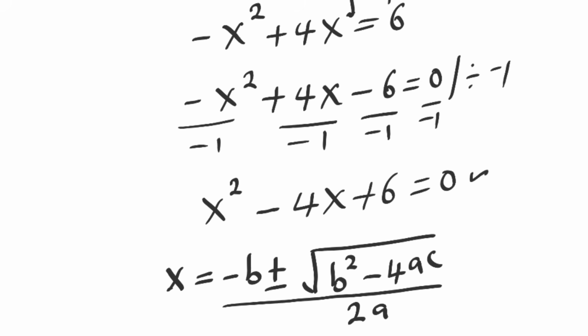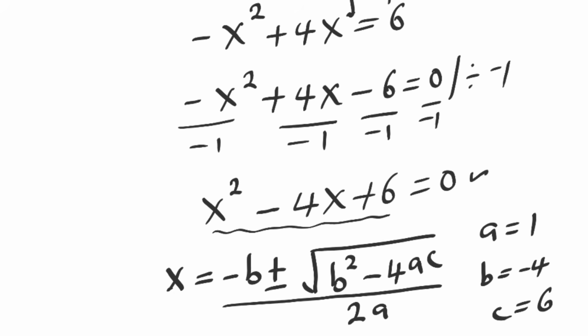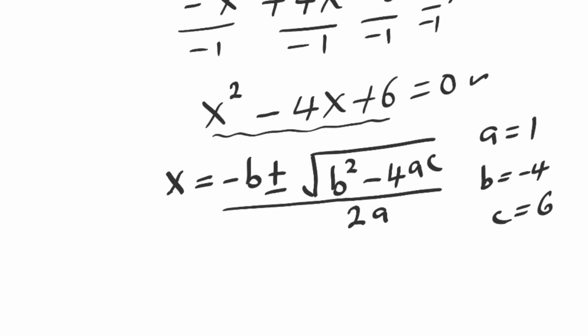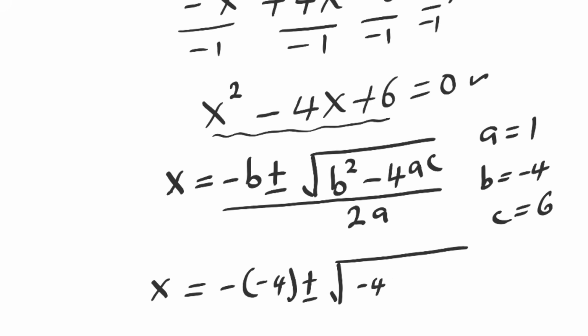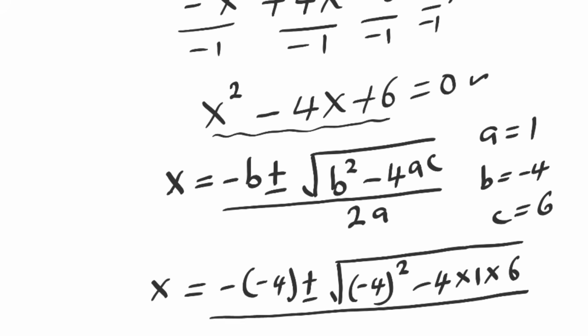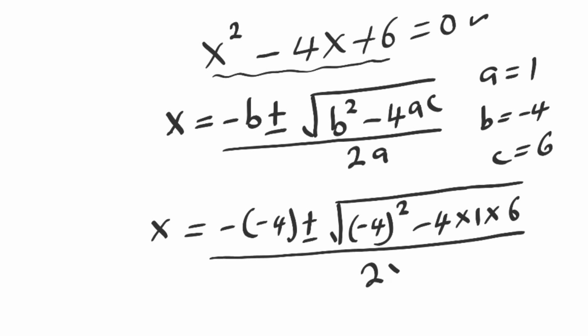Then from this equation, a is equal to 1, b is equal to minus 4, c is equal to 6. x is equal to minus bracket minus 4 plus or minus square root of minus 4 squared minus 4 multiplied by 1 multiplied by 6, over 2 multiplied by 1.